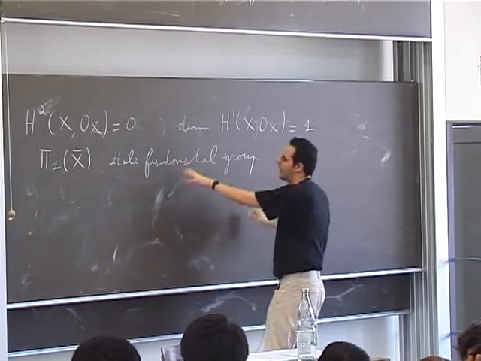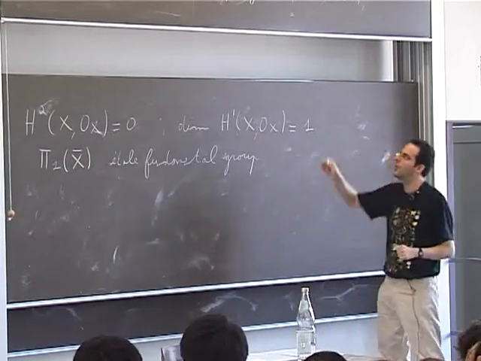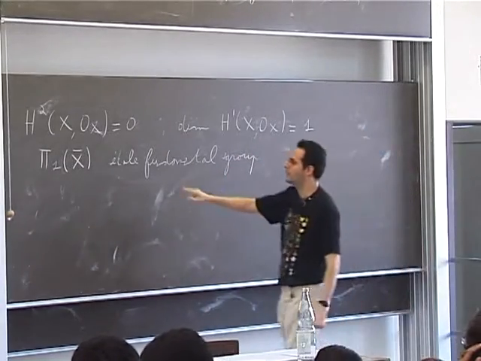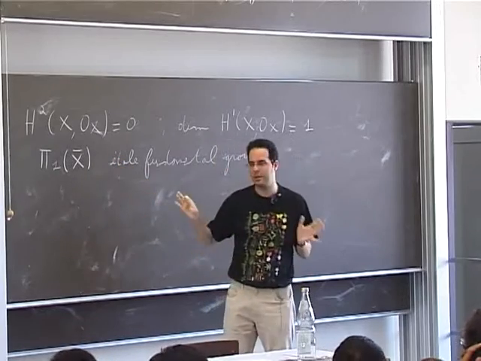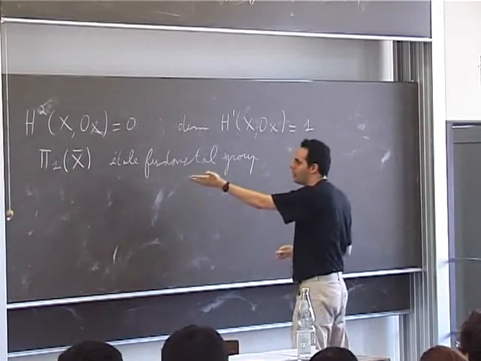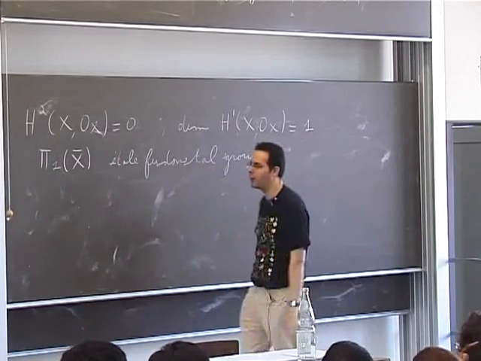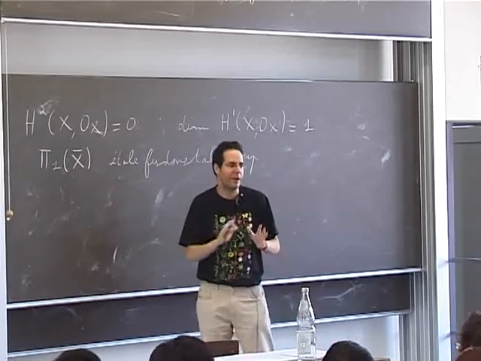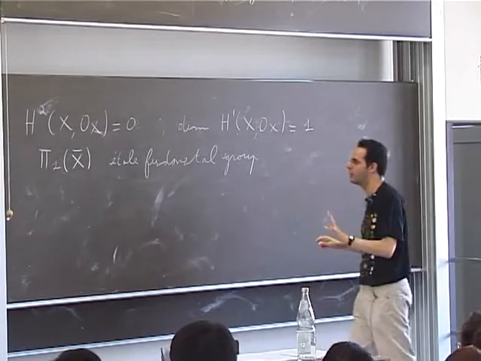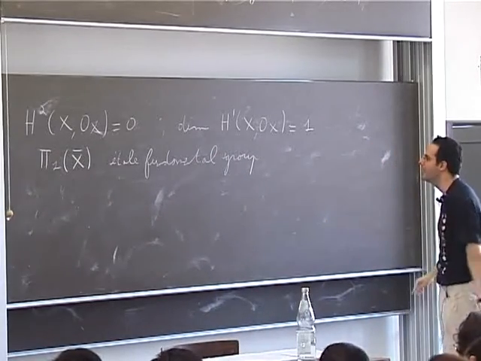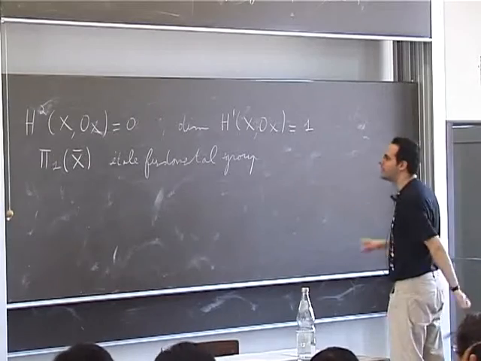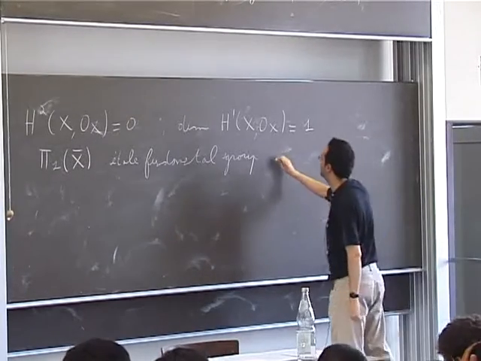Well, if you don't like étale fundamental groups, we can just embed K into C, consider X over C, and just consider the usual topological fundamental group. This one is just the profinite completion of the usual topological fundamental group. And the important fact is that π1 of X bar is not abelian.